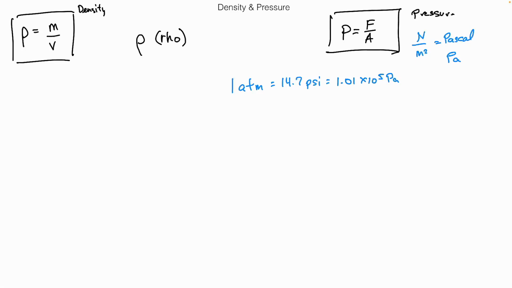What's 2,000 times 15? 15 times 2 is 30, right? And there's a bunch of zeros, and if you add all the zeros up correctly, it's 30,000 pounds of force.